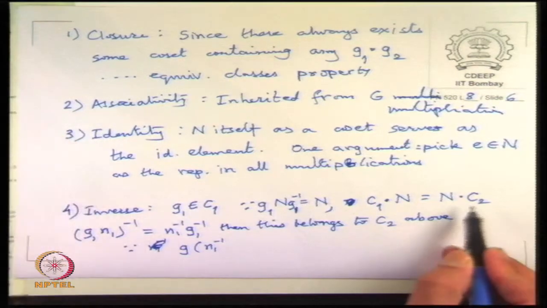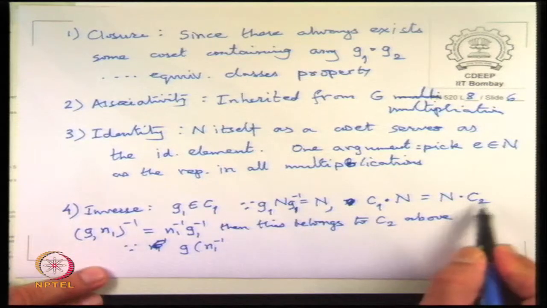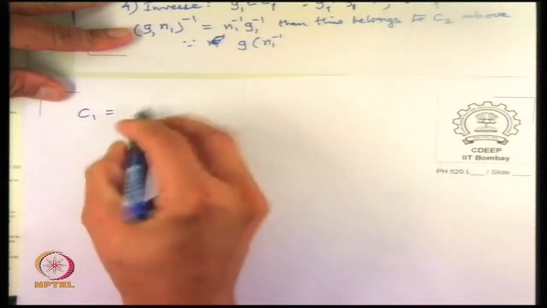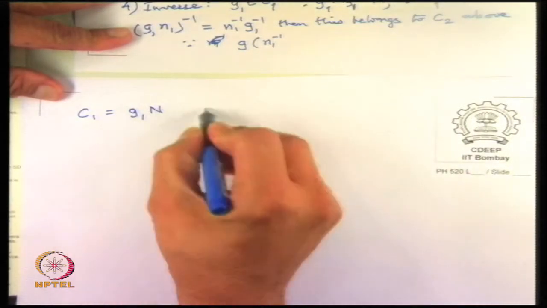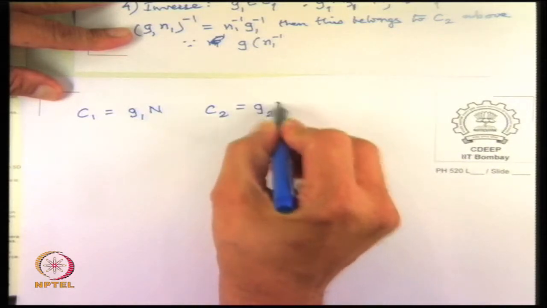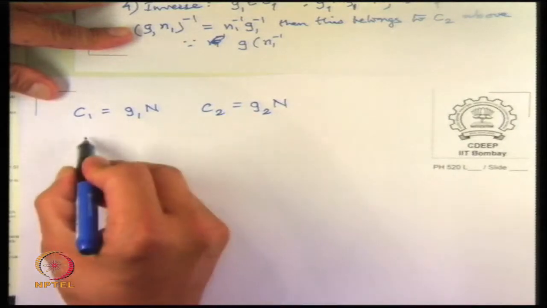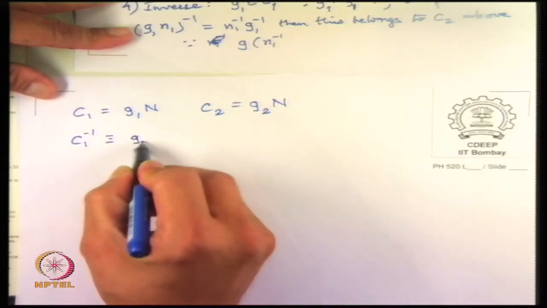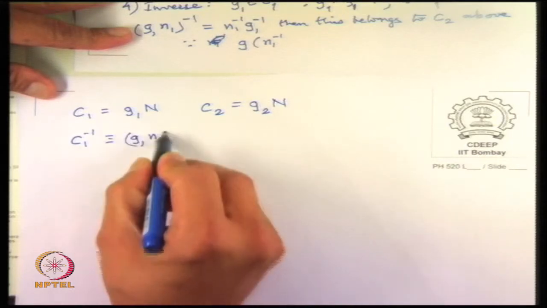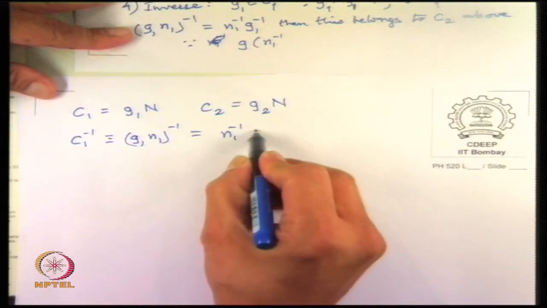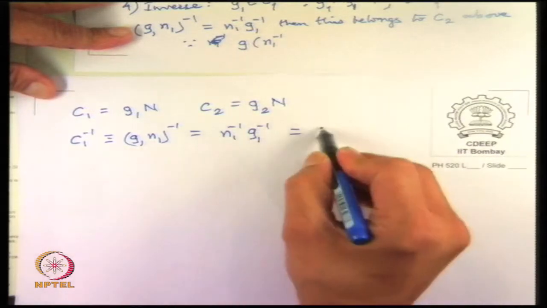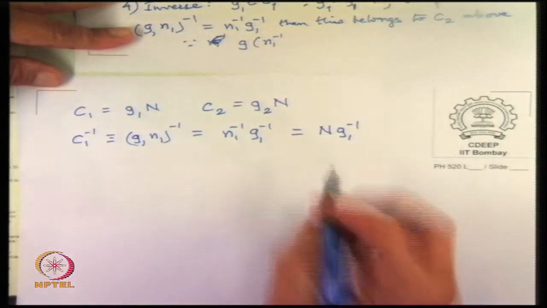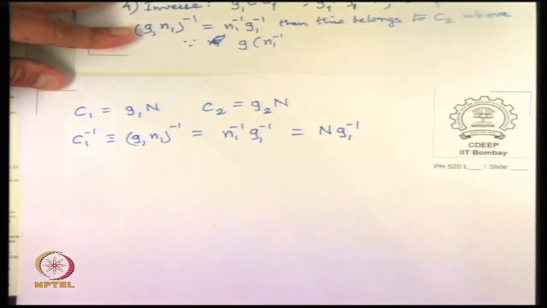What we wanted to show was that there always exists a C2, some other coset, such that, let C1 be formed by G1 acting on N and C2 be formed by G2 acting on N. Then C1 inverse consists of elements of the form G1 N1 inverse, which is N1 inverse G1 inverse, but N1 inverse belongs to N, so this is of the same form as N times G1 inverse, and so we have to convert this into a left coset.